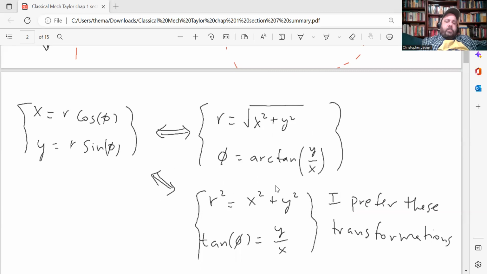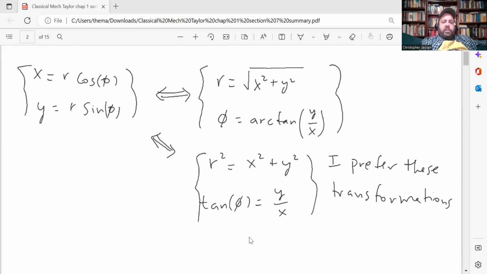Now I don't like this system of transformations for going from Cartesian to polar, but these are the ones that he gives. I prefer the second batch that I have written here for reasons that I'll explain in a second, but he also has an exercise where he elaborates on the problems with the transformations that he gives here. So I prefer these: r squared equals x squared plus y squared, and tan phi equals y over x.